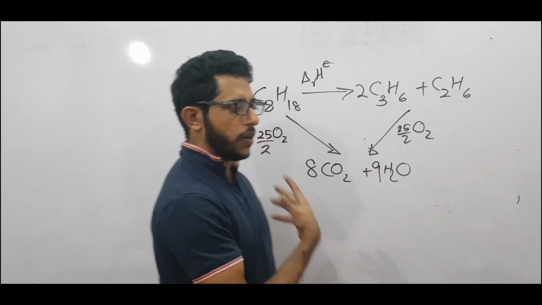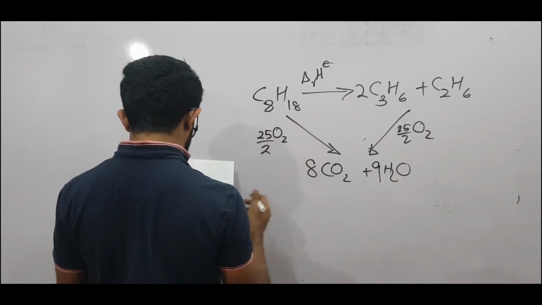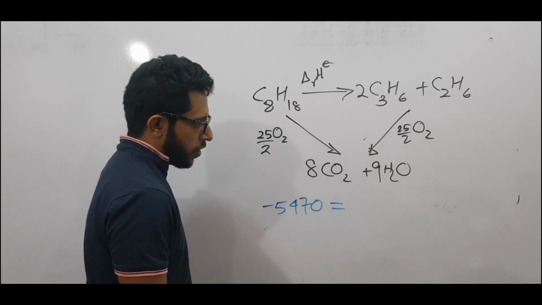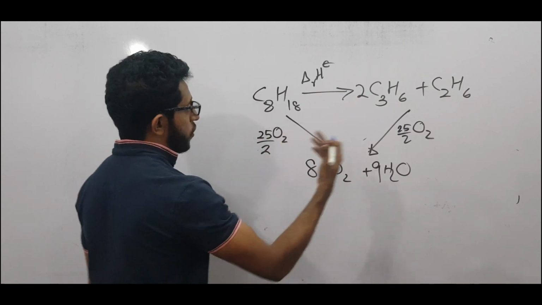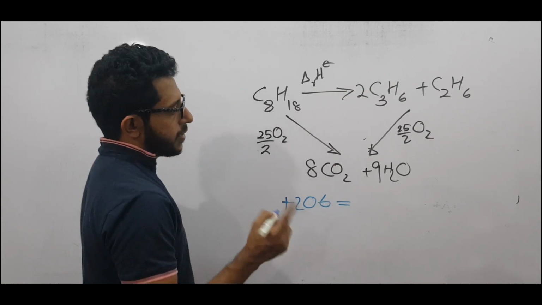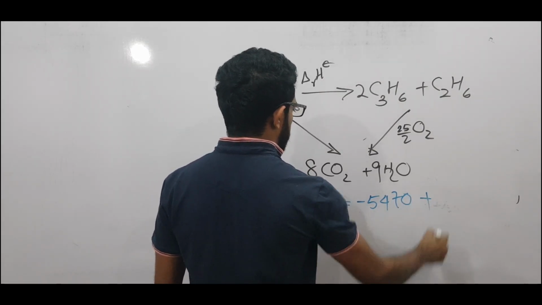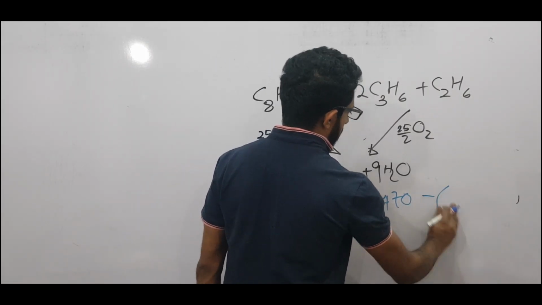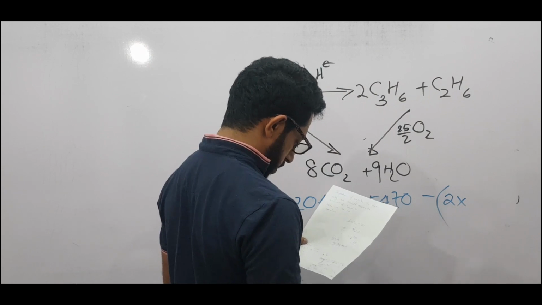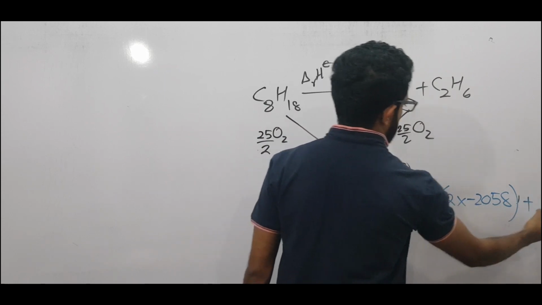Now this one is summation of the combustion enthalpy of reactants minus combustion enthalpy of products. So reactants is C8H18, which is minus 5470. The enthalpy change of the reaction delta RH, which is plus 206, is equal to the summation of reactants, in this case only one, which is minus 5470, minus products, 2 into C3H6, which is 2 times minus 2058, plus this one, that is what we are going to find, x.